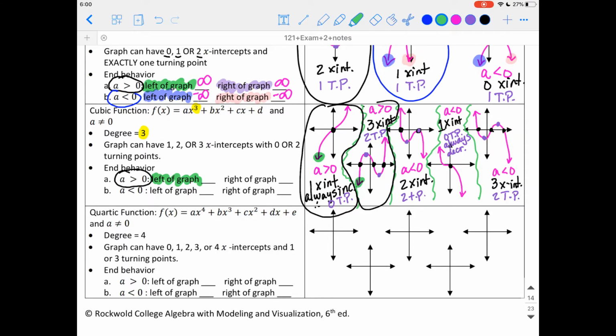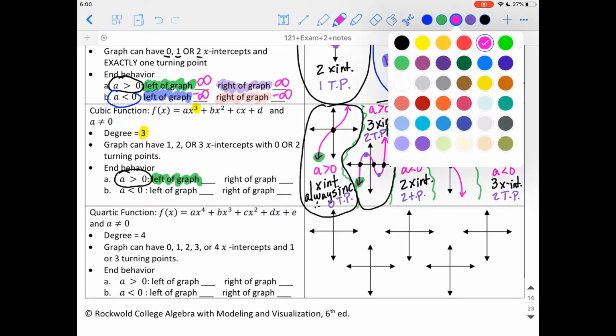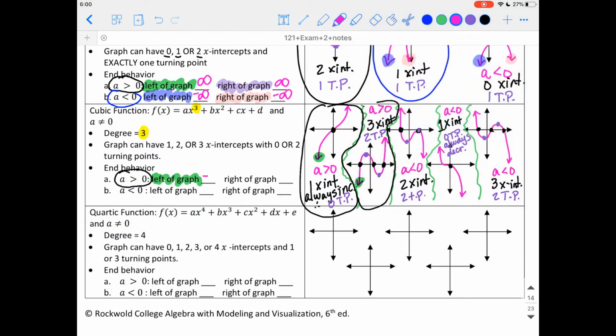And so it is going forever down. So forever down is going to be negative infinity. And the right of the graph is this part here, and it's this part here. It is going to be going forever up, which is positive infinity.